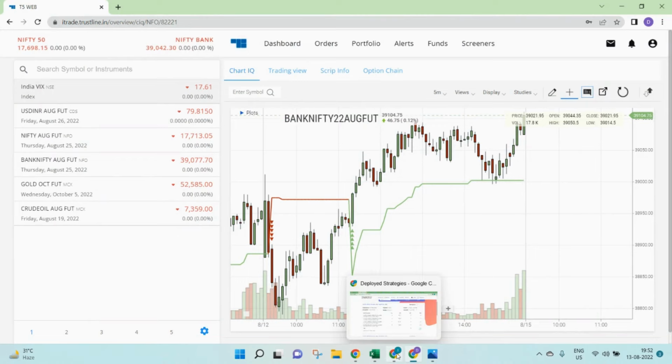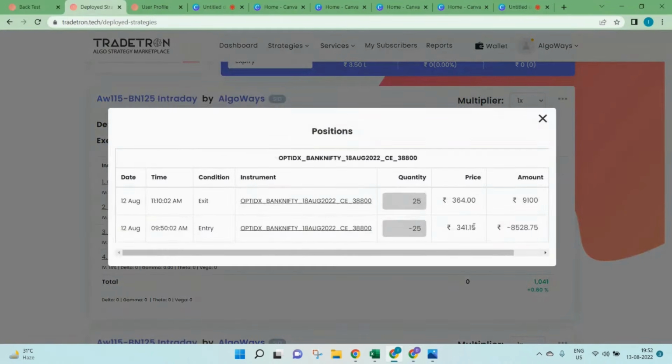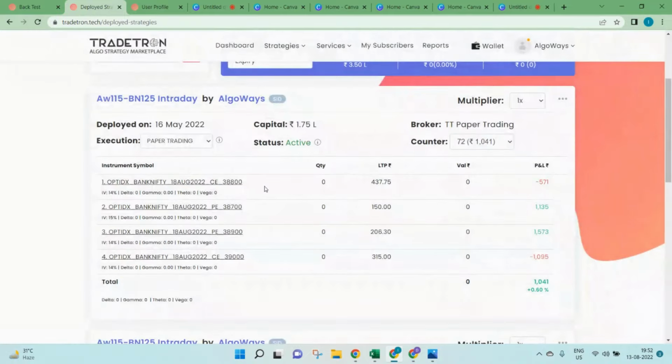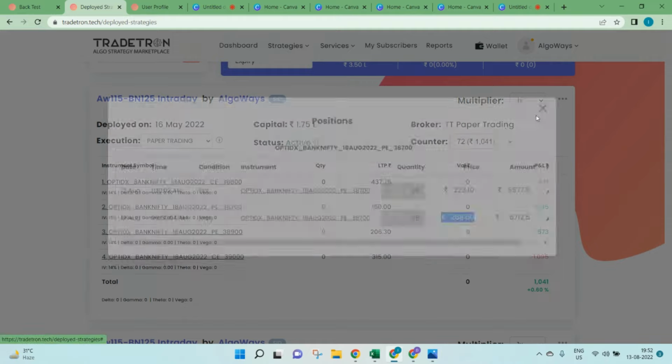So what does the strategy do? It sold a CE of 341 points of 38,800, and it sold a PE of 268. So we have a higher CE premium sold than the PE premium because the market direction was negative.